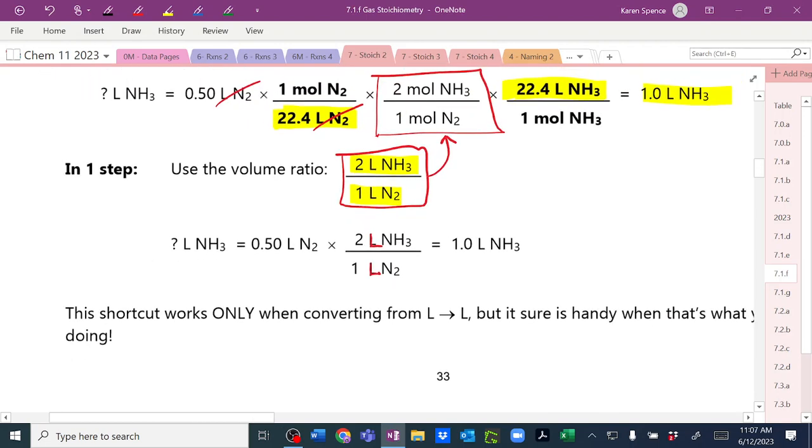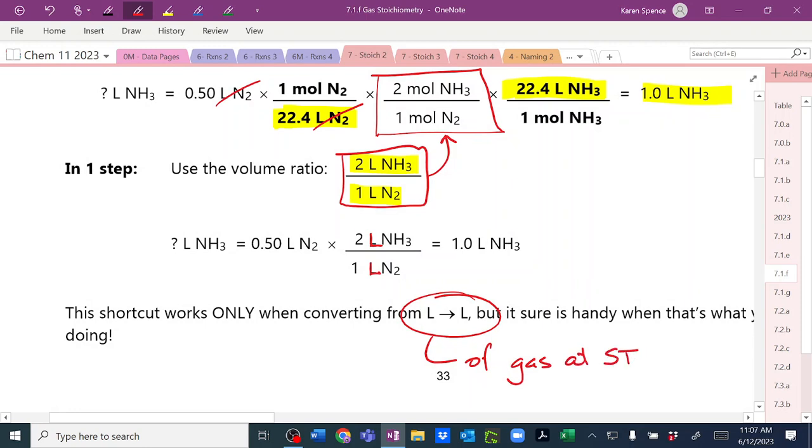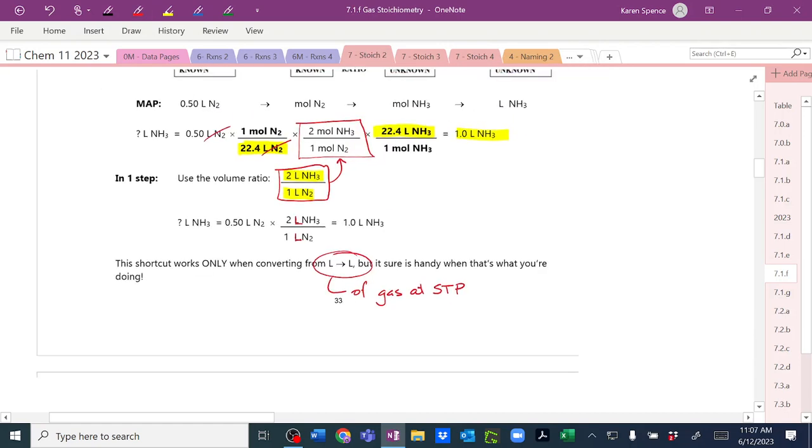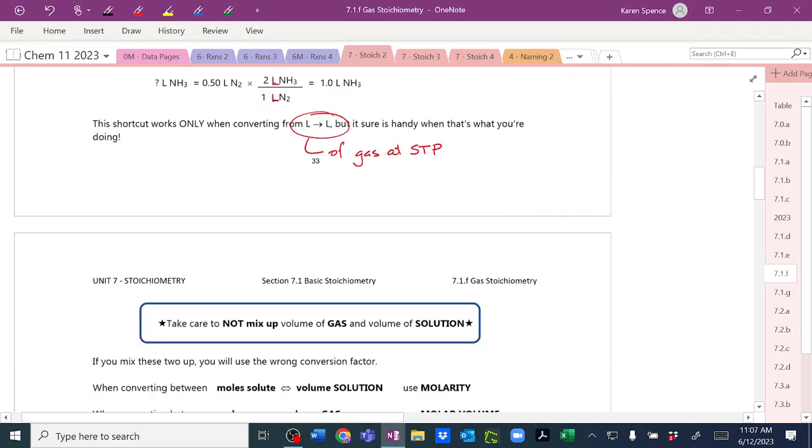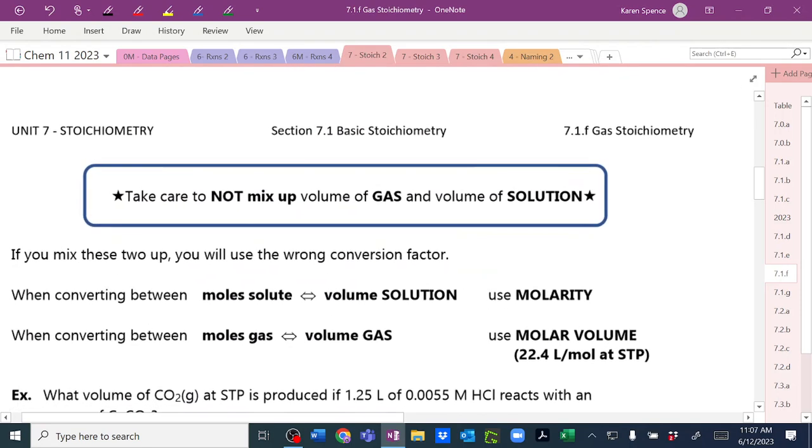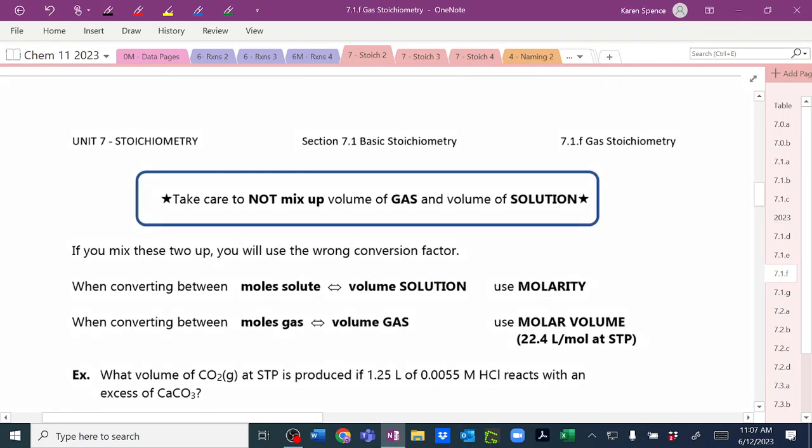This only works when you're converting from liters to liters of a gas at actually at any temperature and pressure, but we're going to say gas at STP because we're in grade 11 and that'll make it easier for you. Okay? Take care not to mix up volume of gas and volume of a solution.